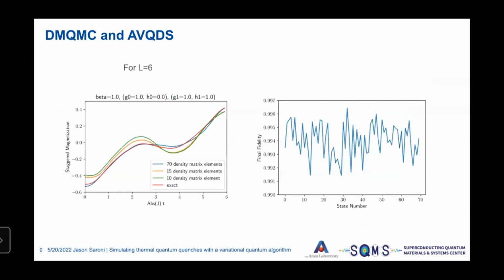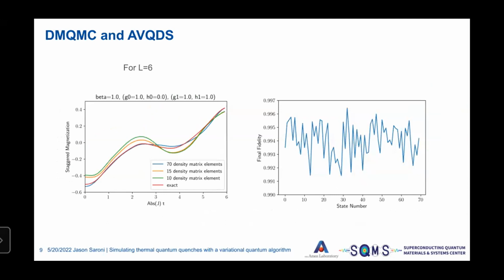So for L equals 6, when you look at agreement to the exact result, just by going from 10 to 70, you can see that you get better convergence. And so this means that one can reduce the amount of work that is required to do simulations with thermal states by parallelizing the preparation and then only considering highest weight entries.